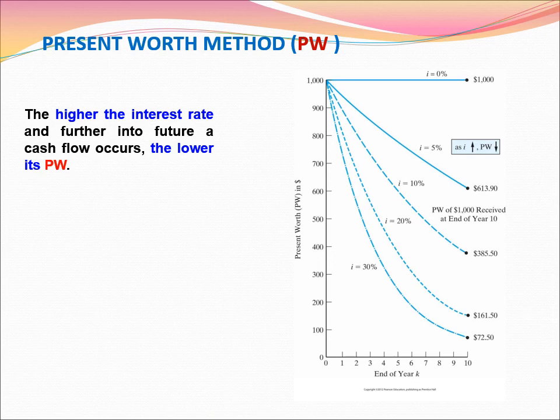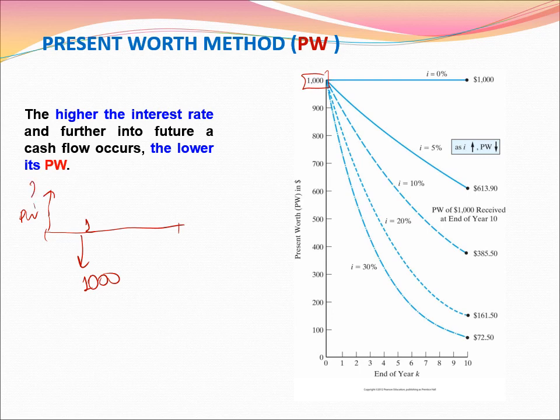Let's assume that a 1000 cash flow occurs at a future time. If this future time is, let's say, time 1, the end of year 1, and we have 1000 and we want to find its present worth now.